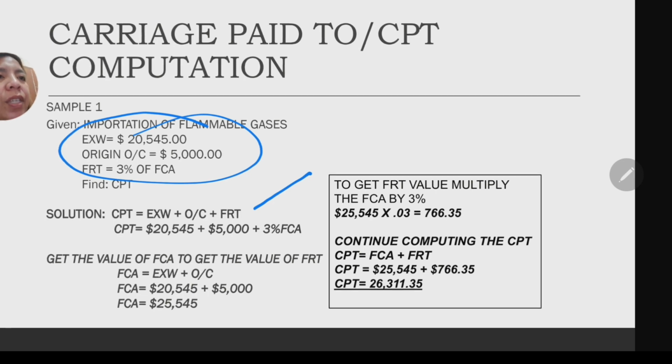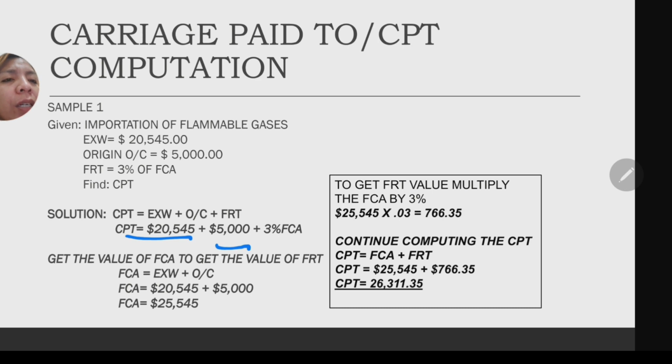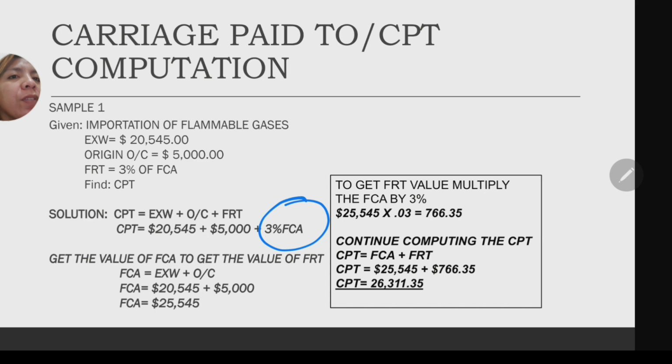So you just need to substitute the values: ex works, which is 20,545, plus other charges, which is 5,000 US dollars, and then plus your freight, which is 3% of your FCA. The first thing that we need to do is to get the value of your FCA. Again, 3% of FCA, so you need to just multiply the FCA value by 0.03.